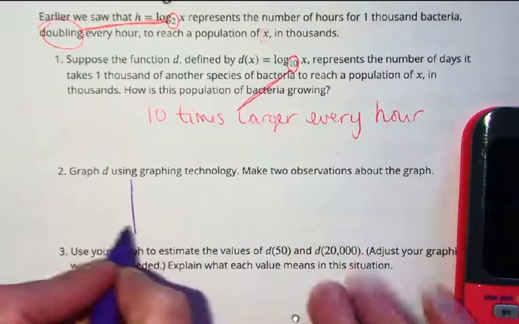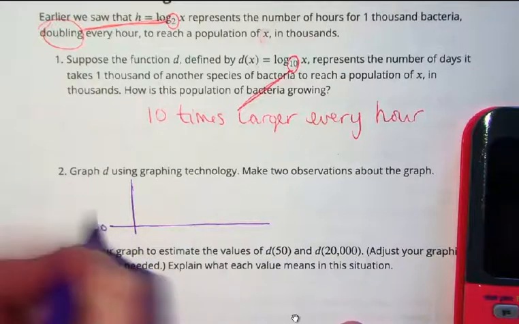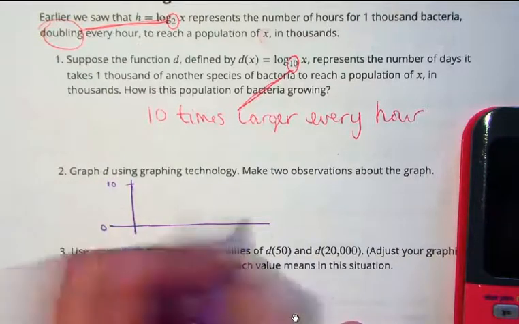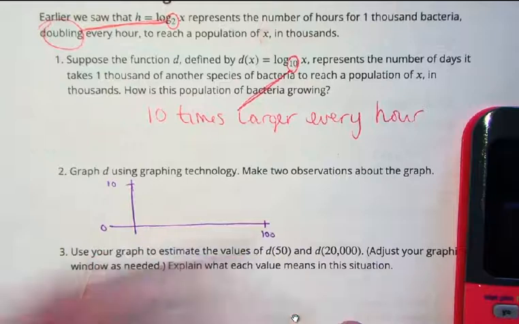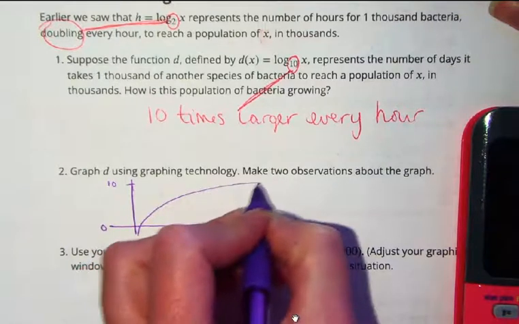So graphing with technology, what we had from 0 to about 10 up here and 0 to about 100 over here, log base 2 looked something like this.